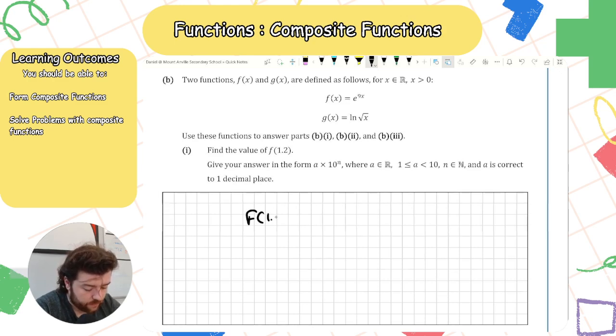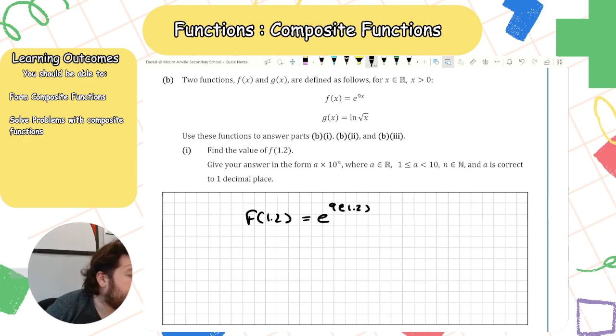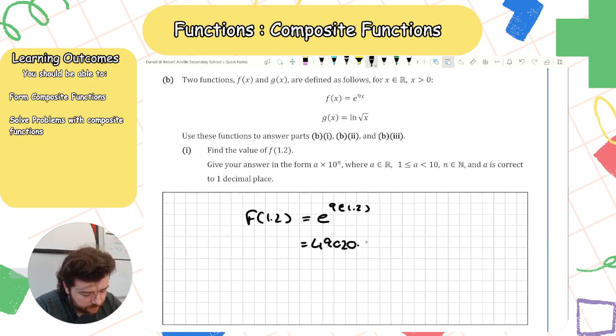So f of 1.2 is equal to e to the power of 9 times 1.2. Write it in scientific notation. E to the power 9 times 1.2 is equal to 49020.80114.